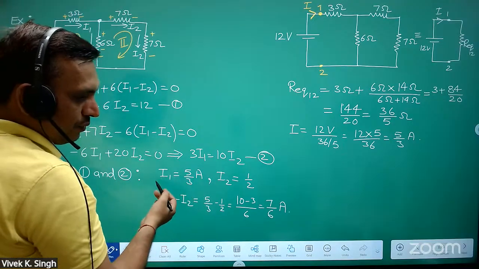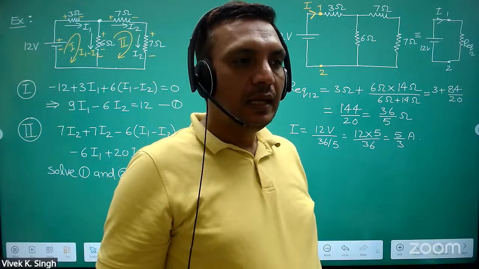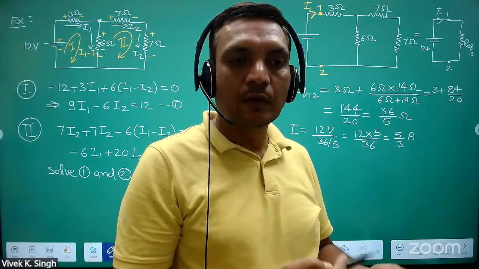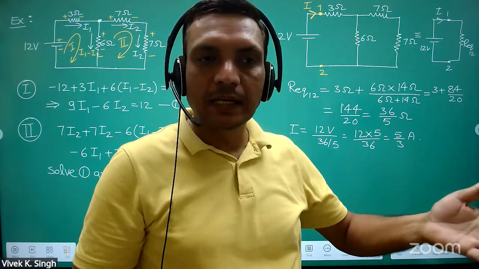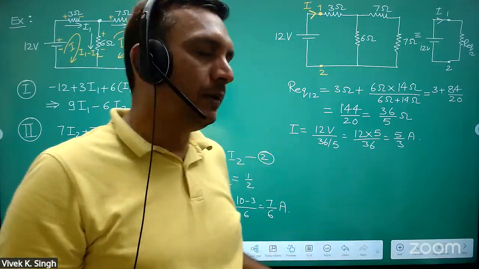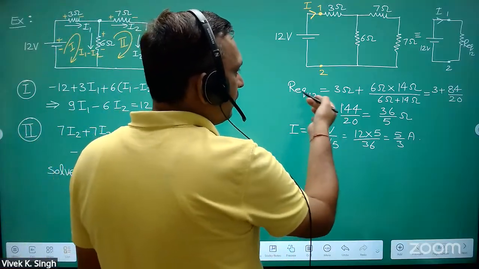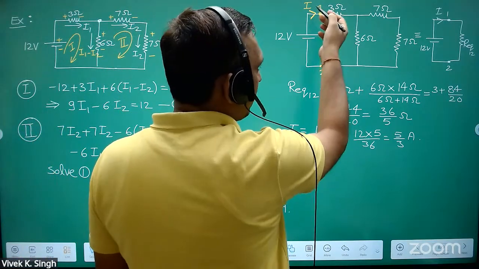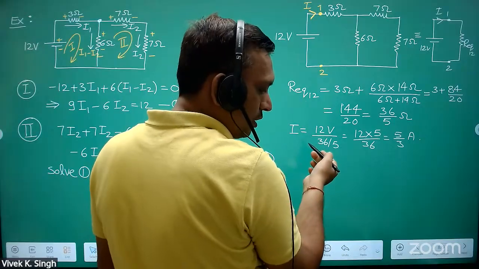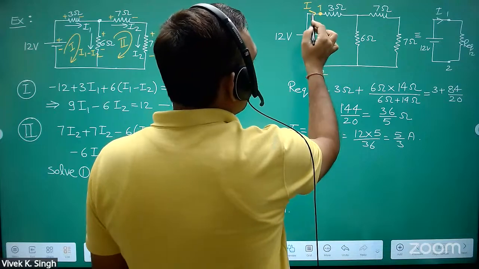I1 we have calculated as 5 by 3. It means you are getting the same answer. I'm just focusing on the calculation part, how to apply KVL, KCL, current division rule, the answer will be the same. Clear? So this current I we have calculated directly by writing I is equal to V by R equivalent between these 2 points.